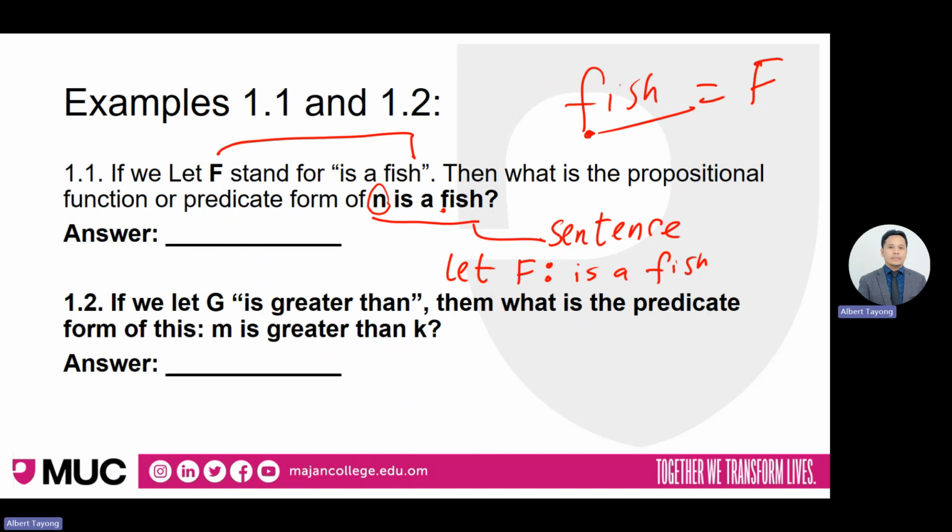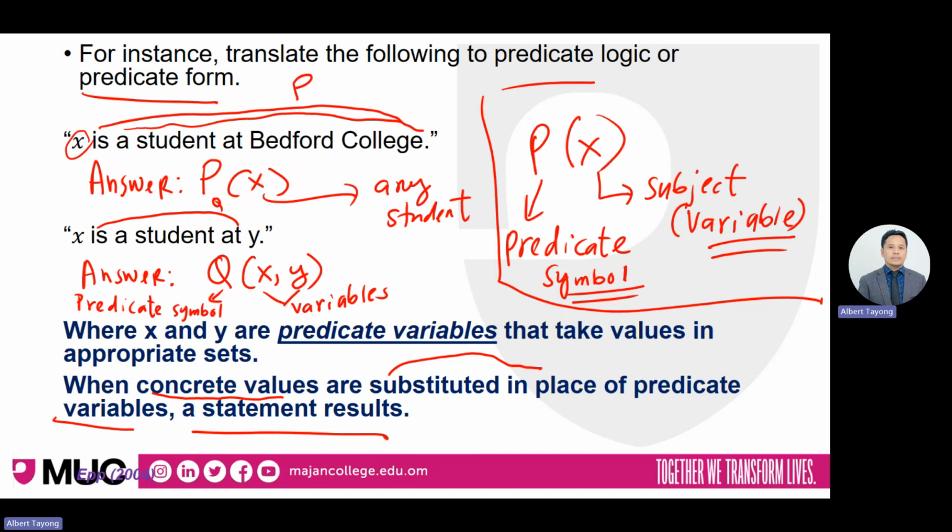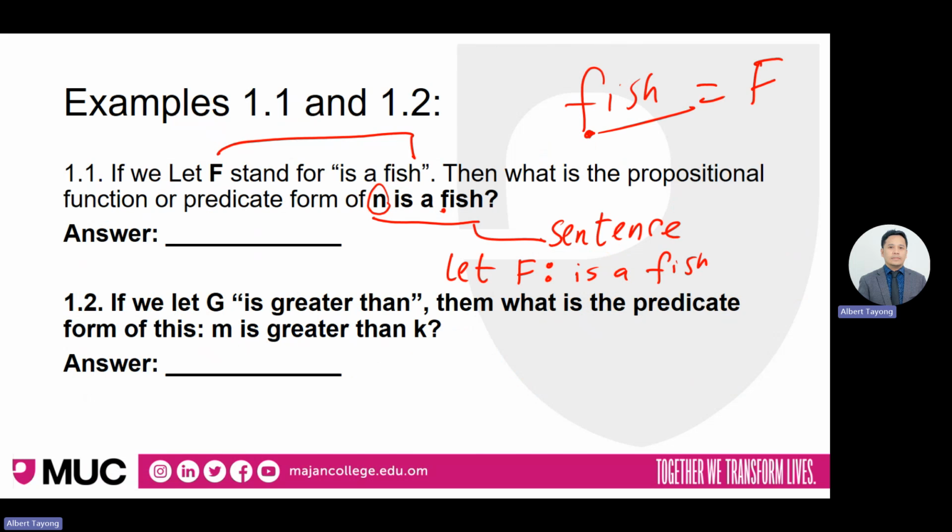So as I said, we start with the subject inside, like here, subject. So here our subject, when we have N is a fish, this is our subject, which is a variable. So we start from there, then we go out.